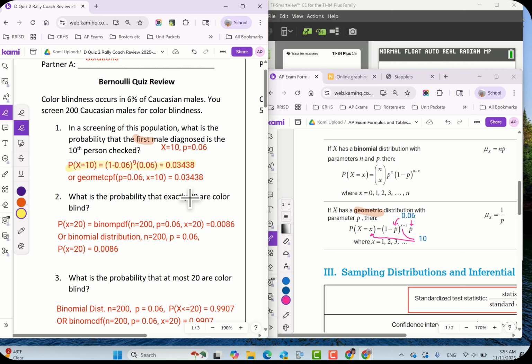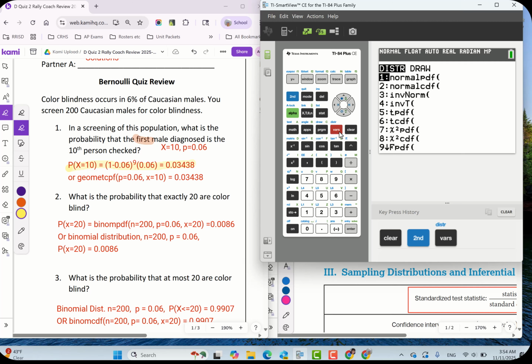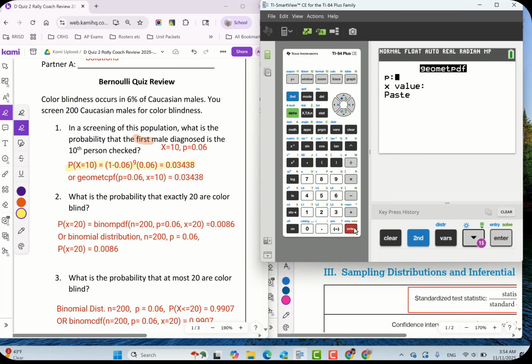You could actually say, here's another way. I'll show you first on the TI how to do it. So here's a TI notation, since everyone has access to TIs. So let me go ahead and I'm going to do second distribution. And you got to scroll till you get down to geomet. There it is. Okay.